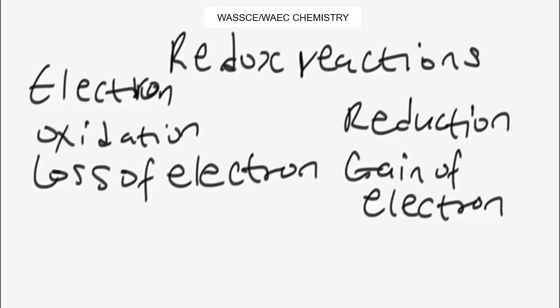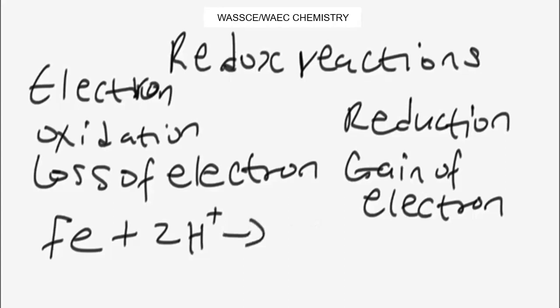Let's look at this simple example where iron atom reacts with dilute acid to form iron 2 ion plus hydrogen molecule.